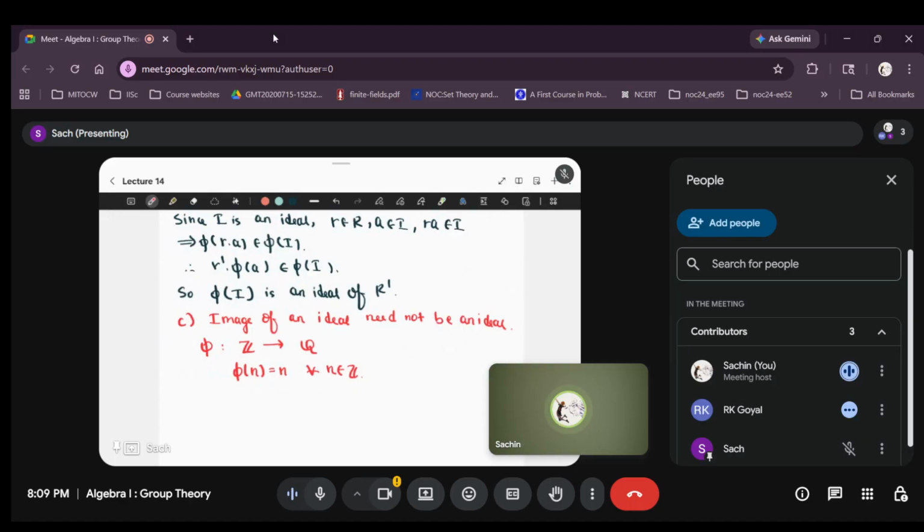It's the identity. It will simply be called the identity homomorphism. That's all, if it is from Z to Z. But from Z to Q, it will be called the inclusion function.